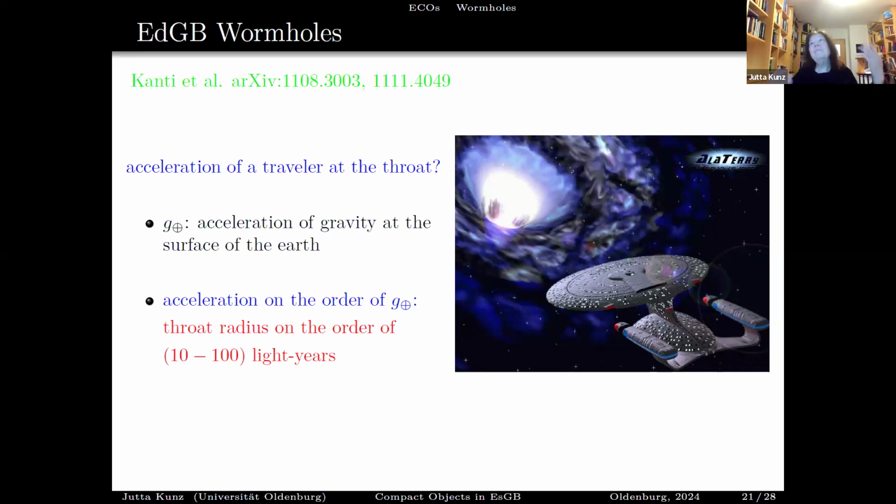So it wouldn't be anything of help to interstellar travel. And on the other hand, if we would want something smaller, then yeah, this acceleration would explode, and we would have to go through tremendous acceleration, which is also not possible.